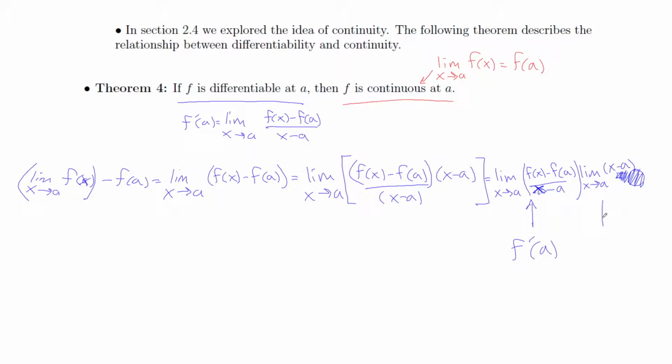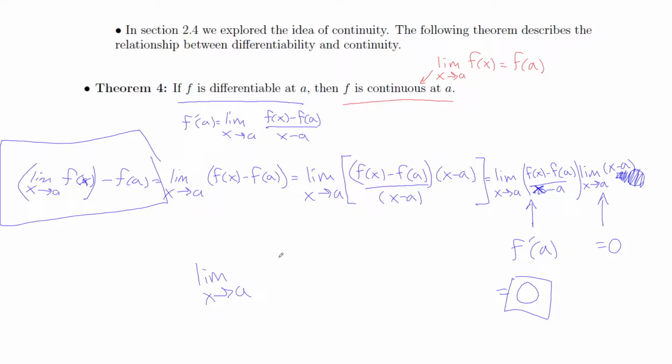And then this thing right here, well, we know that that's equal to 0, because if you let x go to a, x minus a is going to go to 0. So this whole thing equals 0. And so we've got what we want. We've got that this thing is equal to 0. So if that's true, then of course this must be true.